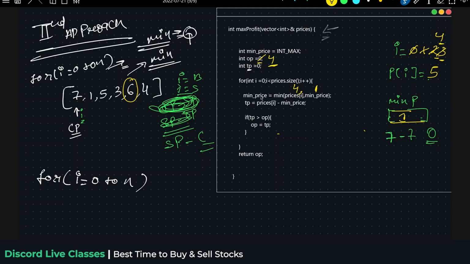Prices of I minus minimum price, 6 minus 1 is 5. Now today's profit is 5, and overall profit is 4. 5 is greater than 4? Yes. Then we will change this to 5. And then we will traverse again, but we will not be changing this maximum profit. And at the end we will be returning this overall profit.